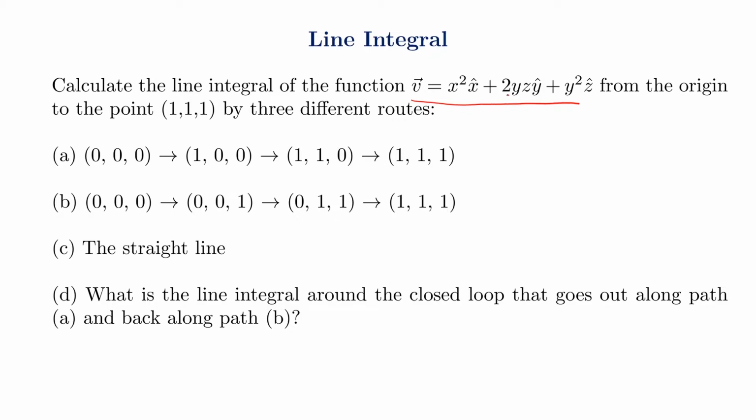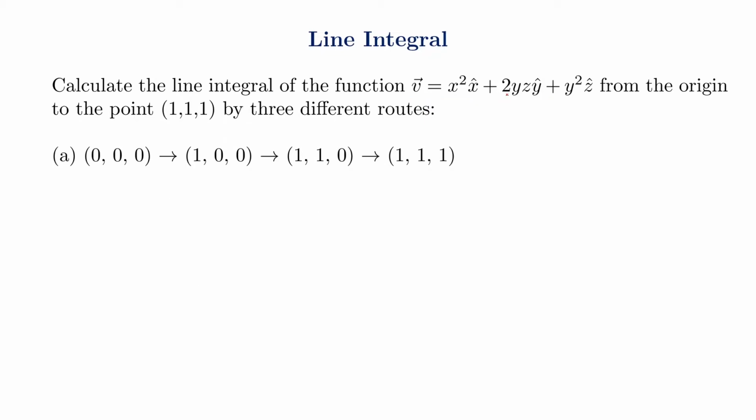We also are directed to calculate the line integral around the closed loop that goes out along path A and back along path B. Let's now try to solve part A of the problem. Let us calculate the value of the path integral in going from 0, 0, 0 to 1, 0, 0 first.